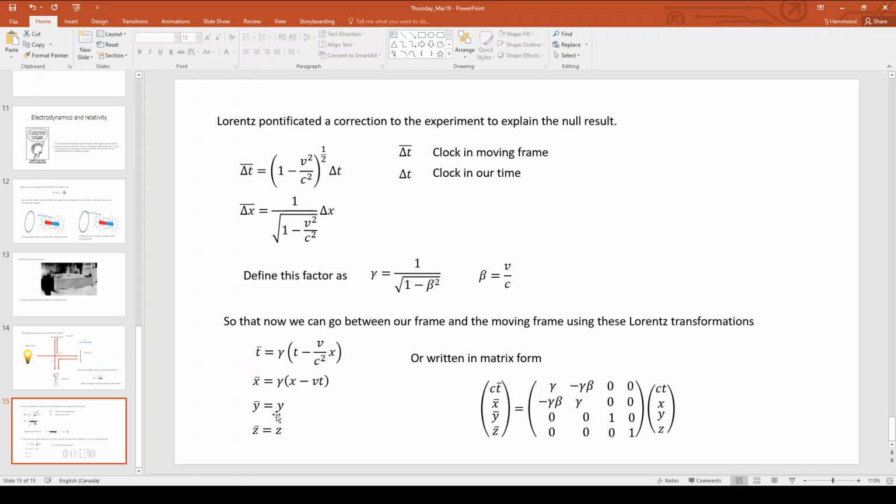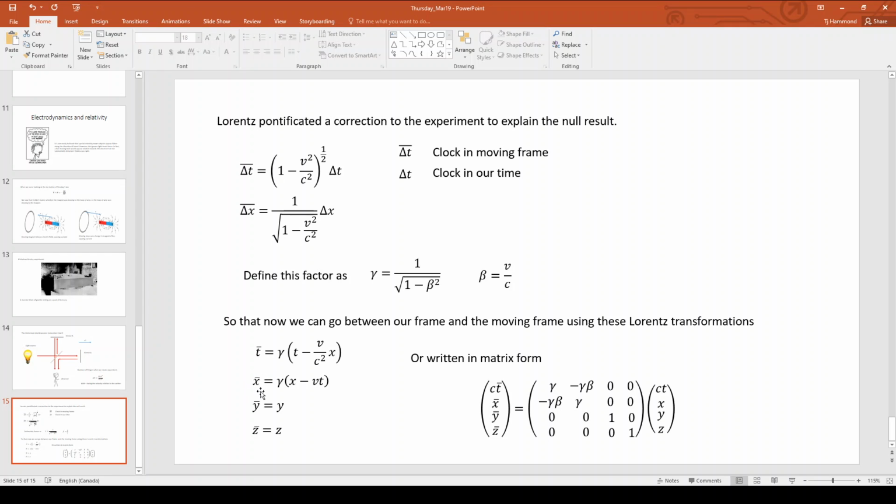So if we think about how Galilean transformations should work, of course, our frame should have the same time as the moving frame, and so this v over c squared is going to be 0, and this gamma is going to be equal to 1. So our time that we measure is going to be the same time that somebody else measures who's moving relative to us.